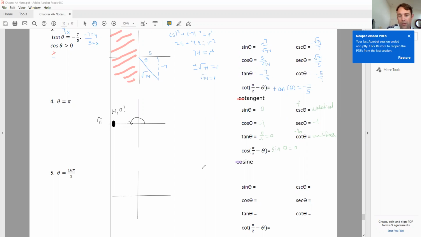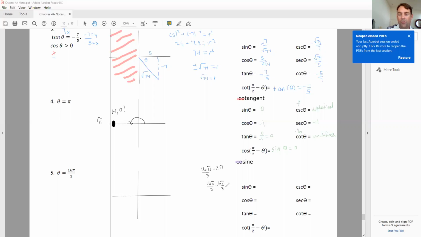Well, this next one is going to be a little bit dealing with some of our coterminal angles. So I'm not on the unit circle here on this one, so I'm going to have to subtract 2 pi until I get into from 0 to 2 pi. So 16 pi over 3 minus 2 pi. So that's the same thing as 16 pi over 3 minus 6 pi over 3.